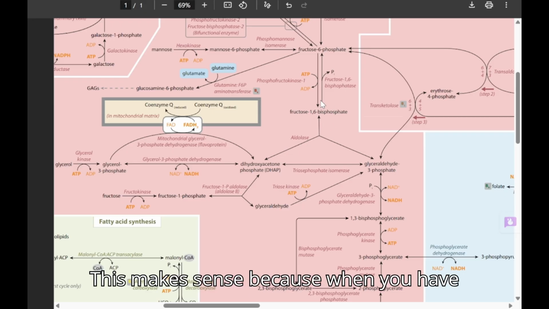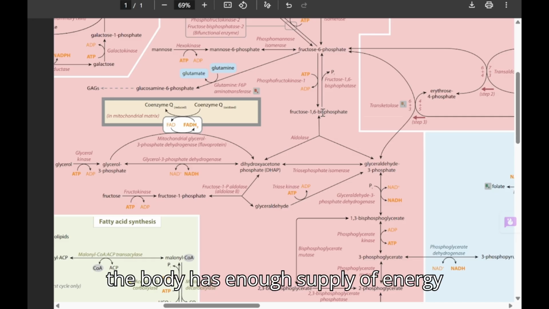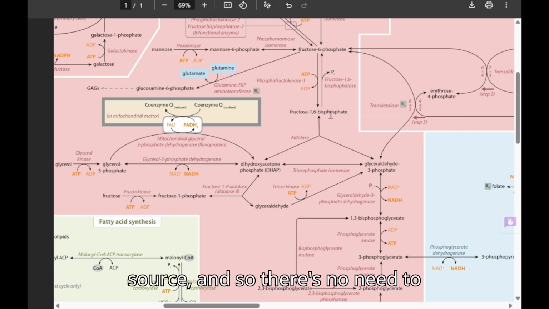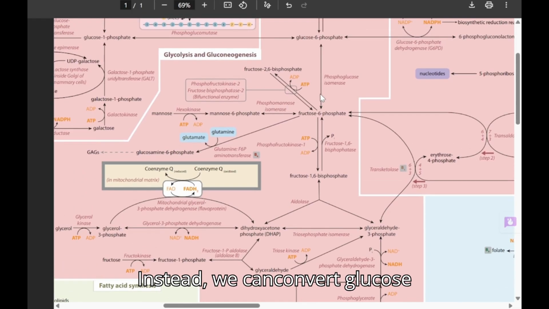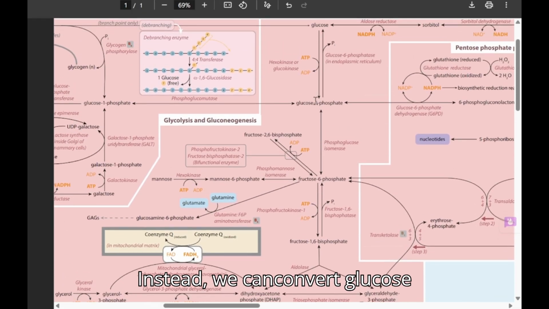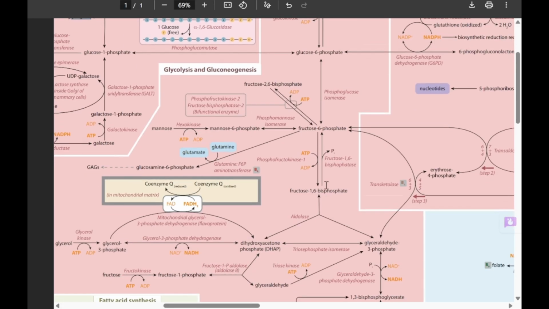This makes sense because when you have enough ATP and citrate, that is a sign that the body has enough supply of energy source, and so there's no need to further break down glucose. Instead, we can convert glucose into its stored form like glycogen, which I'll talk about in a future video.